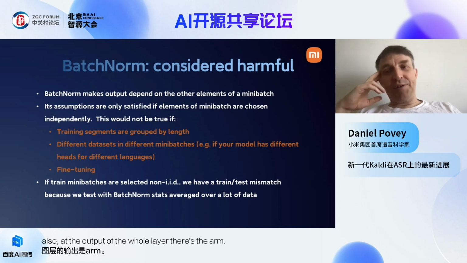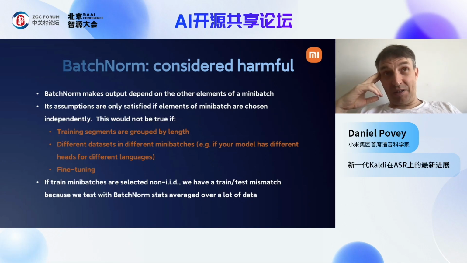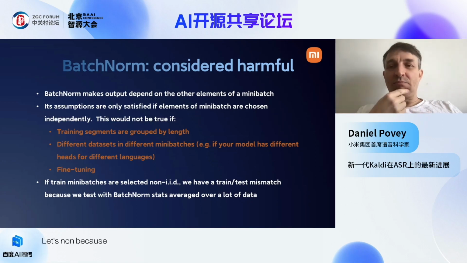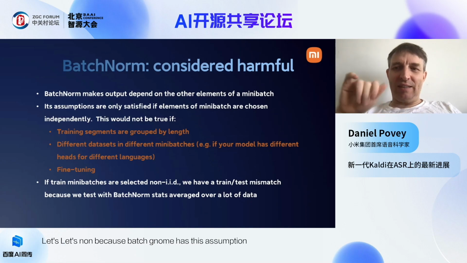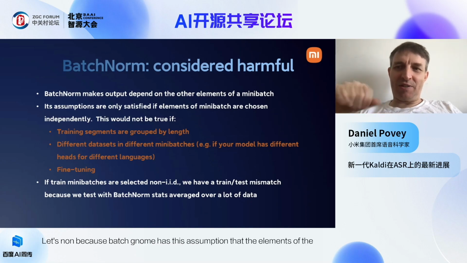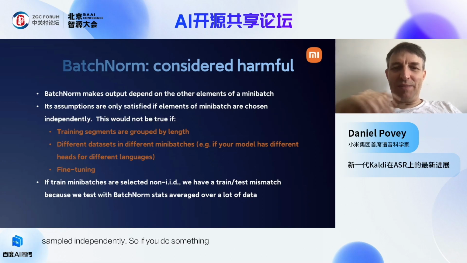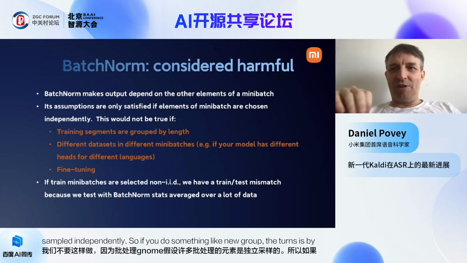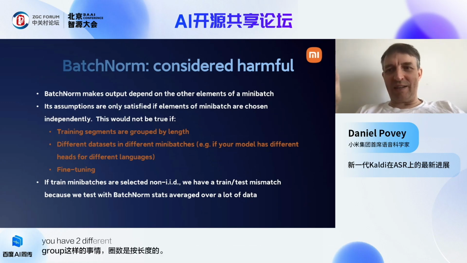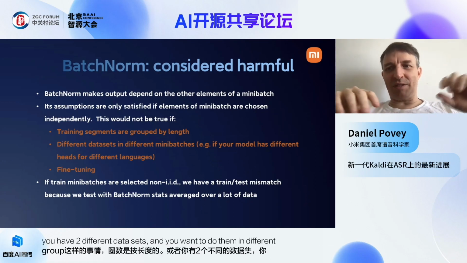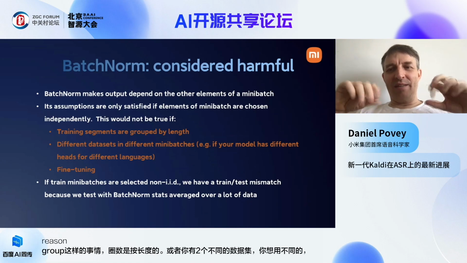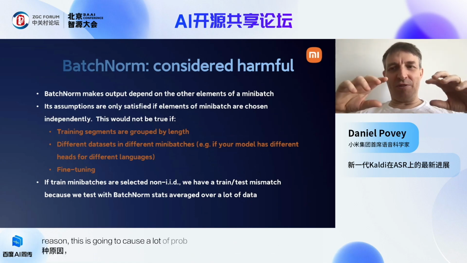So if you group the training utterances by length, that's going to be a problem for BatchNorm, because BatchNorm has this assumption that the elements of the mini batch are sampled independently. So if you group the utterances by length, or maybe you have two different data sets and you want to do them in different mini batches for some reason, this is going to cause a lot of problems with BatchNorm.